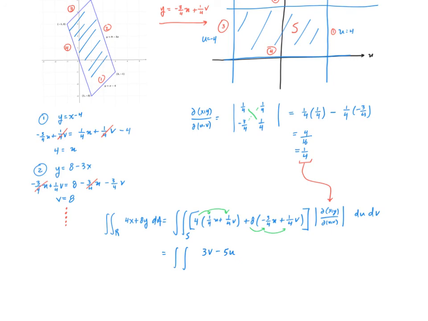We have a 1/4, our Jacobian. And I'm going to go ahead and leave the order as du dv. And note if we look above, we saw u in our rectangle varied from -4 to 4. And v varies from v equals 0 up to v equals 8.